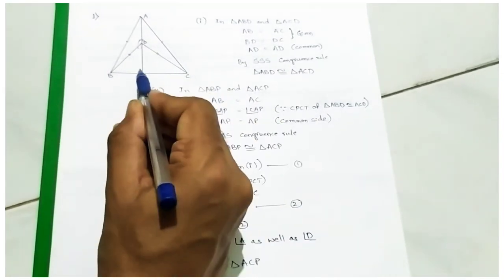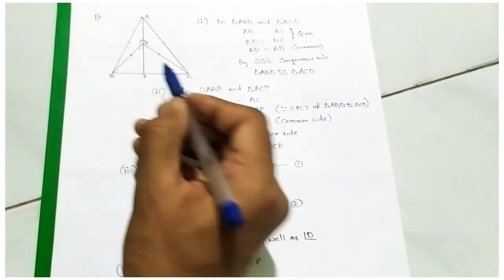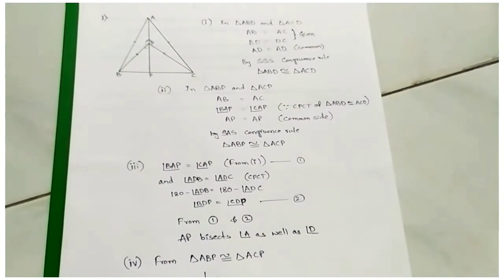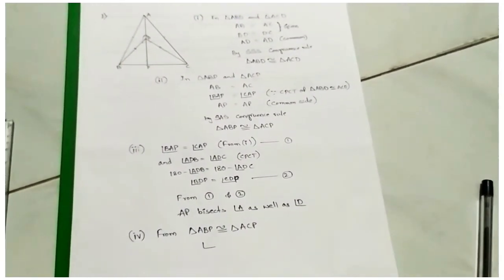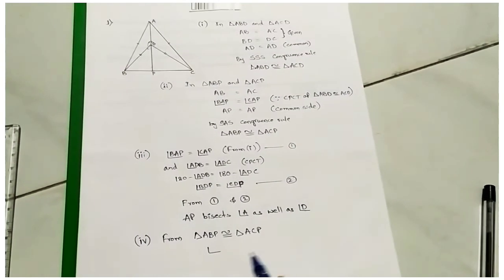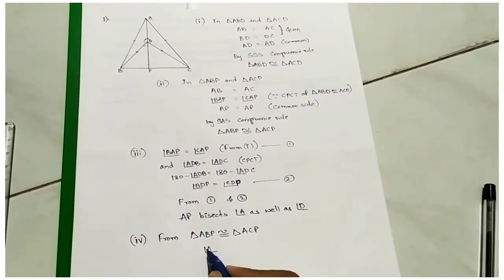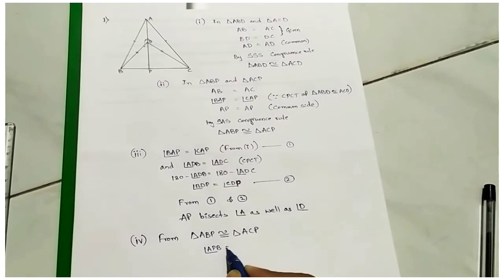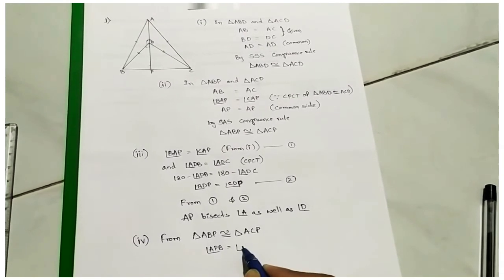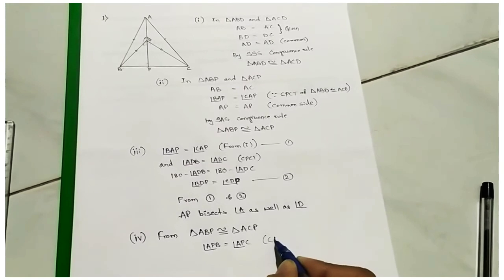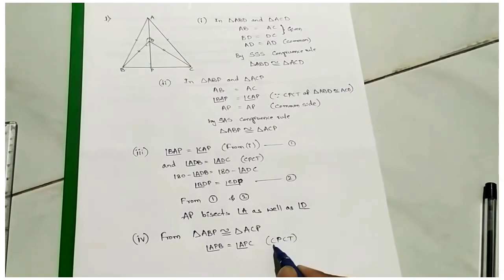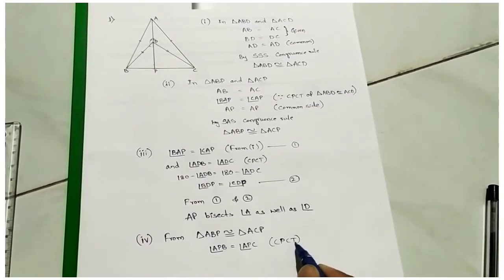Then we will get two angles equal. Which are those? Angle APB equal to APC. Reason: CPCT, corresponding parts of congruent triangles.